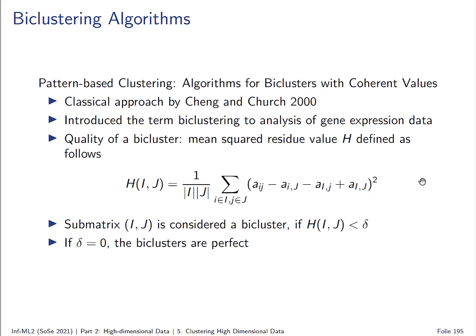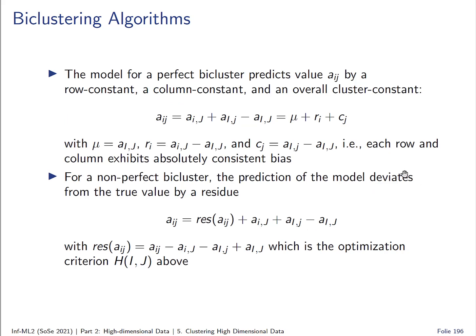So how can we use that to compute biclusters? The model for a perfect bicluster predicts a value by a row constant, a column constant, and an overall cluster constant. That is the basic cluster model. The value can be computed by a mean, a row bias or adjustment, and a column adjustment.